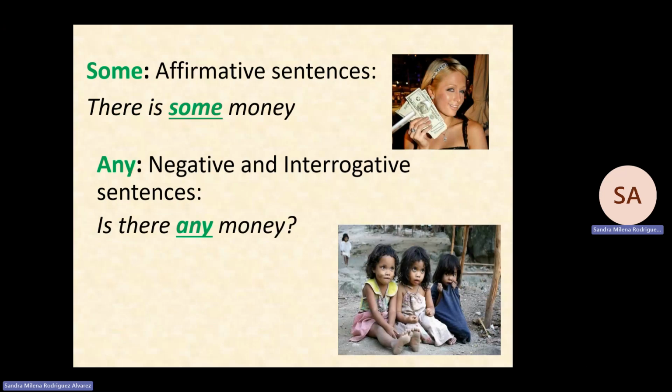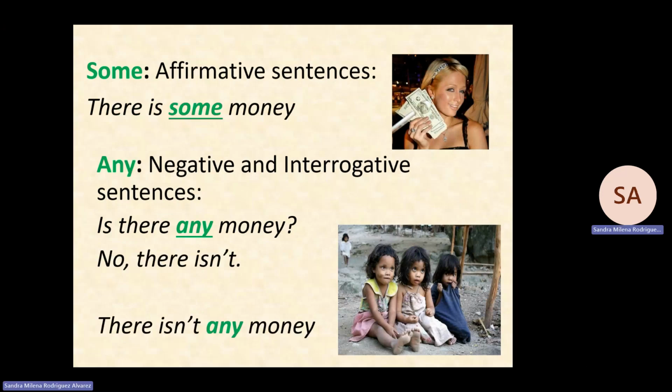For example, is there any money? Pregunto si hay dinero. Is there any money? And the answer is, for example, in this case, no, there isn't any money. No hay nada de dinero.